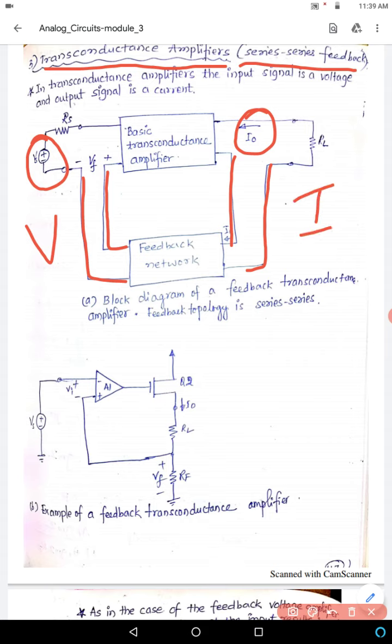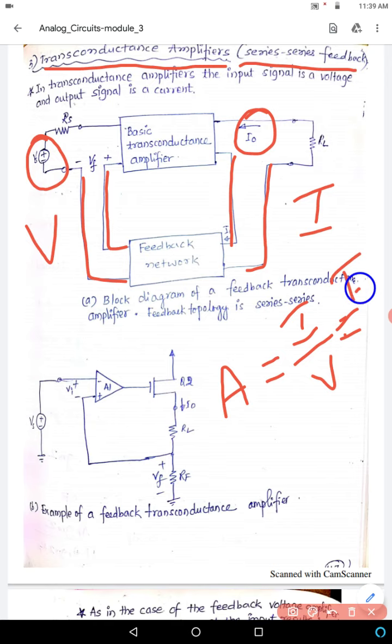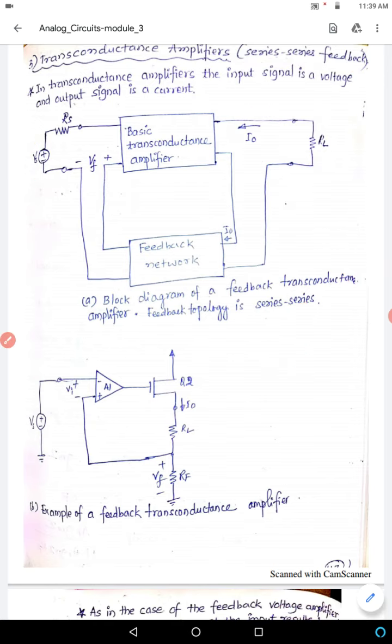Okay, normally if you want to write the gain, that is output divided by the input. Here the output is current, input is voltage. I by V is nothing but your transconductance, hence this will be called a transconductance amplifier.